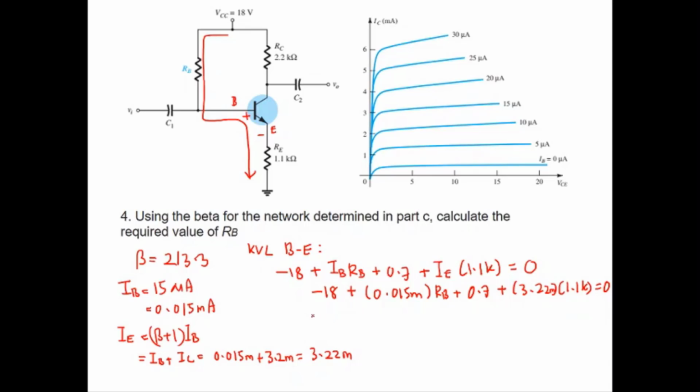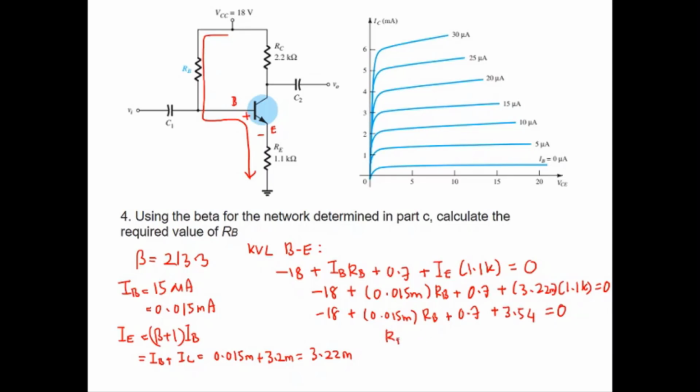Let's say we solve it term by term. This is minus 18. Okay, this is 0.7. And then this one is 3.22 times 1.1, which is 3.54. So this is equal to 0.